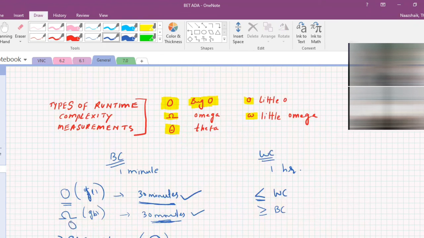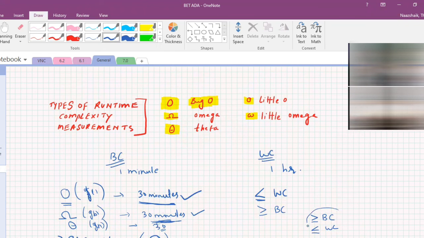Now, same thing. If I say theta of my function g of n is 30 minutes, what is the definition of theta? It should be greater than or equal to the best case, and it should be less than or equal to the worst case.